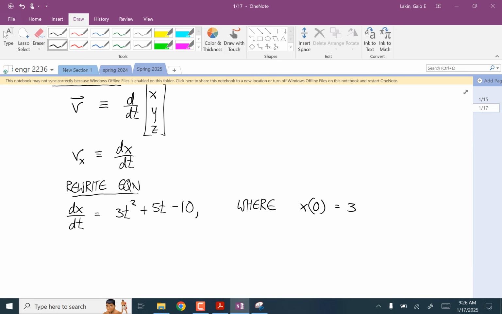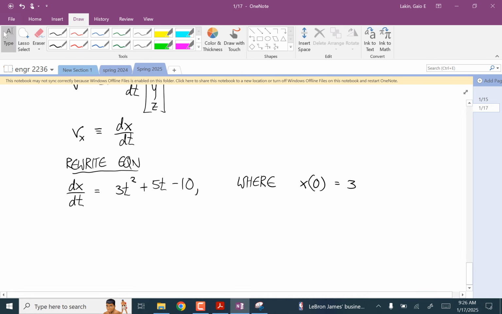Well, what's the function of t? Perfect. Yep, that whole thing is a function of t. And what's the function of x? 1. Yep. Okay? So we have 1 times this function of t. And so now what we have to do is move the 1 over to the dx side. Well, that's trivial. Move the dt over to this side.